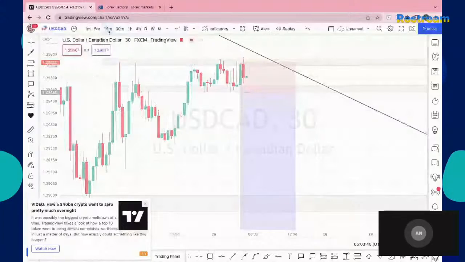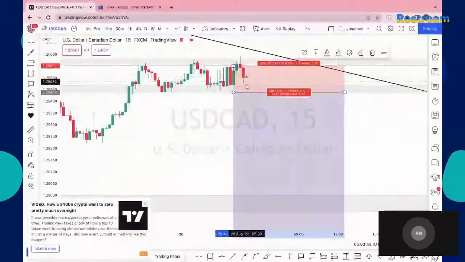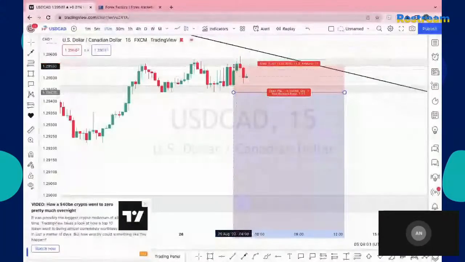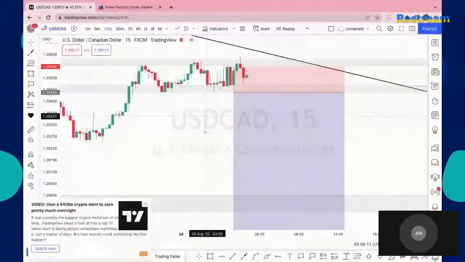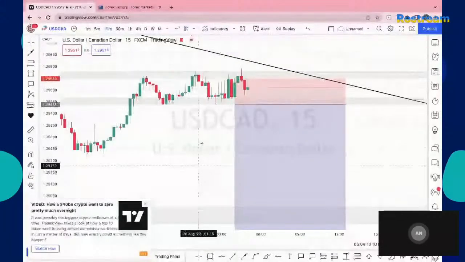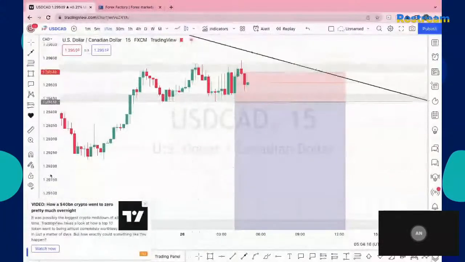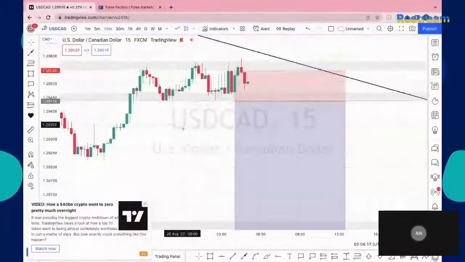With stop losses, if this 15-minute candle is the one that breaks, like trace our sell stop, your stop loss is just above the previous 15-minute candle. The previous one, yeah, that's where your stop loss should be. That's how you place stop losses. It should be above or below the previous 15-minute candle.